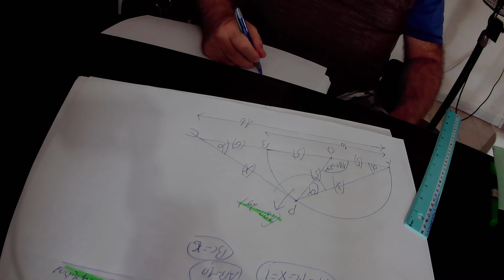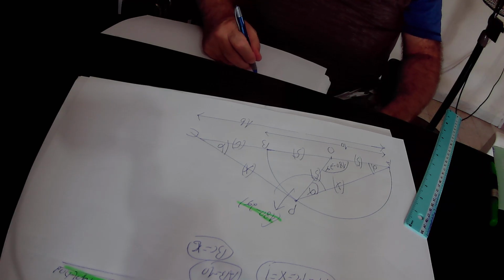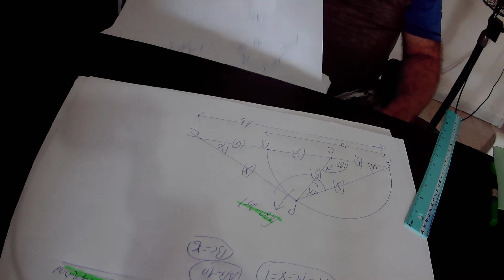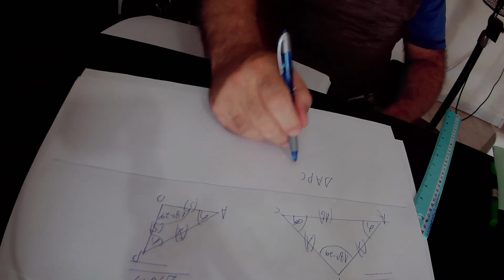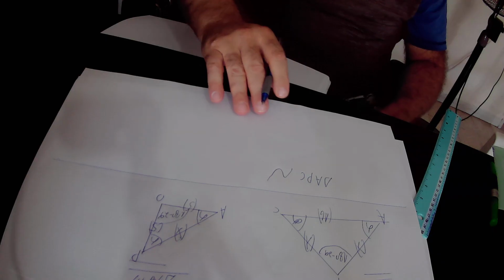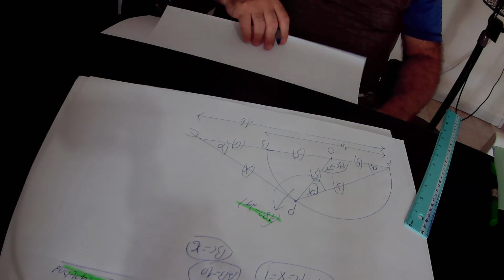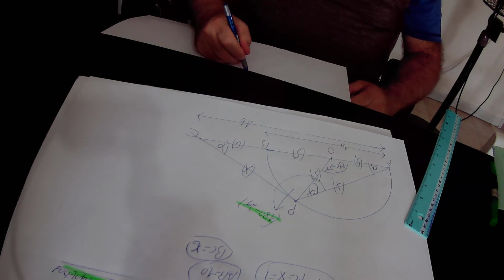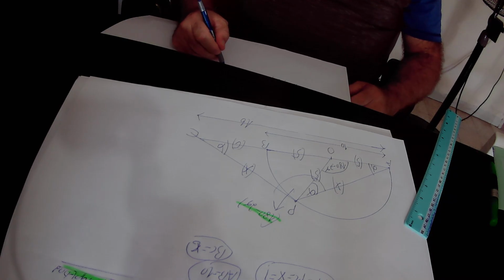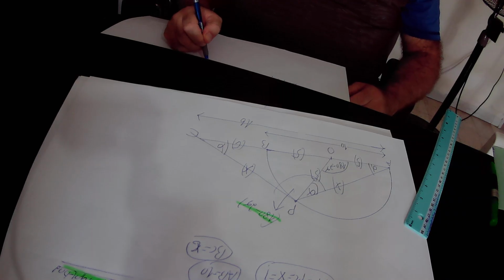The big associated triangle APC is similar, this is the sign of similar, to the small associated triangle APO, according to the angle similarity rule.